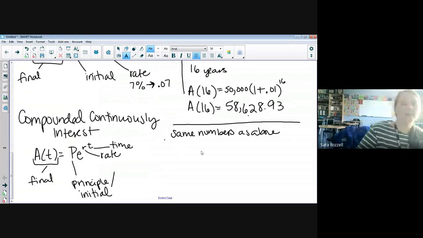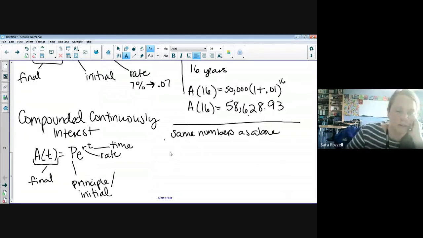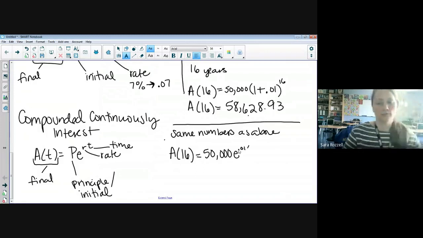We're going to try this one with the same numbers as above, with the 50,000, the 1%, and the 16 years. But instead of our interest being compounded at the end of 1 year, it's going to be compounded all the time. I use this formula, initial, E, raised to the rate time.